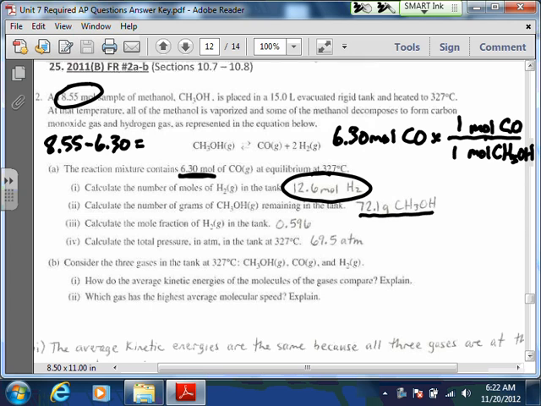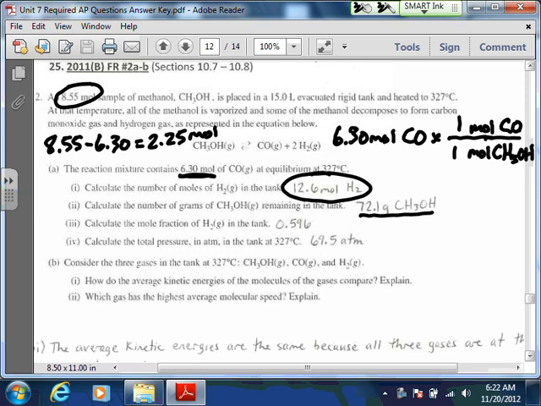Calculate the mole fraction of H2 in the tank. Now we know the number of moles. We just figured it out: 2.25 moles of the CH3OH left. We know we have 6.30 moles of the CO, and we know we have 12.6 moles of the H2.